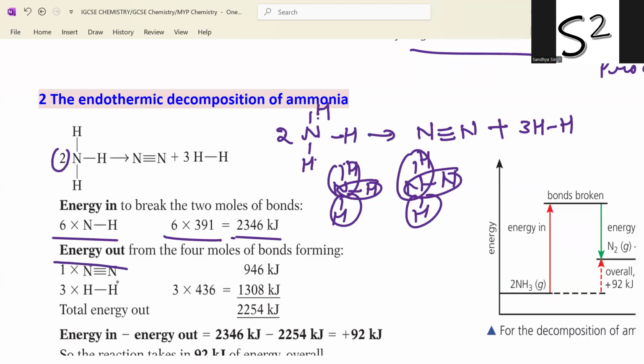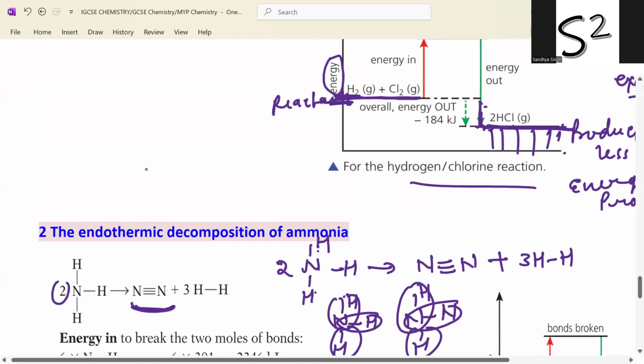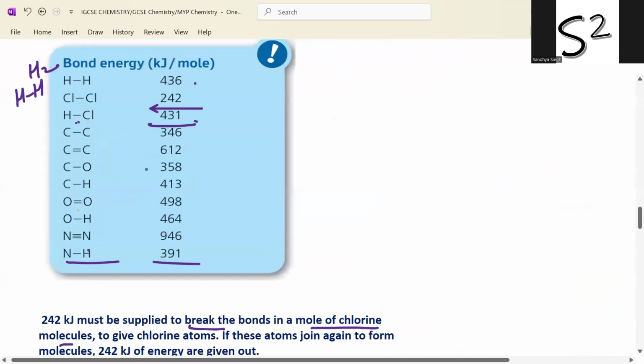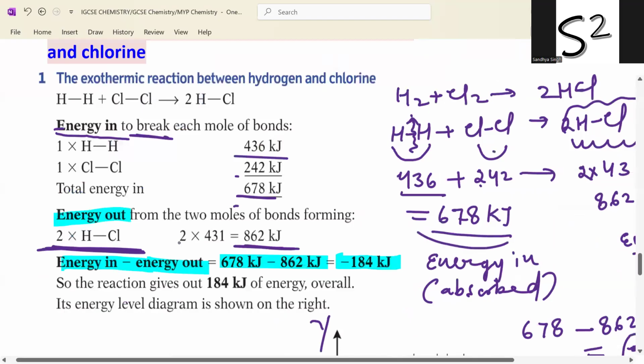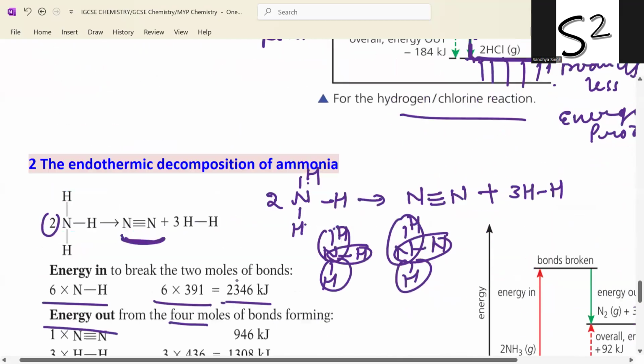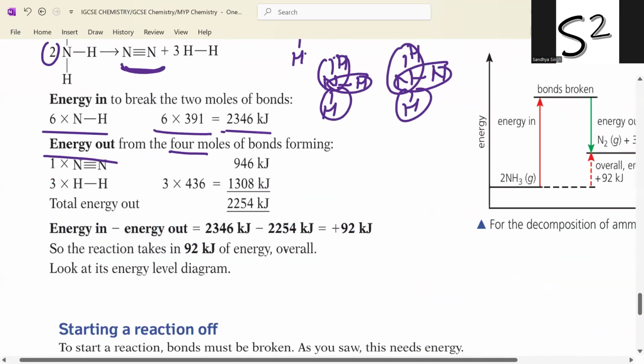Similarly, we will calculate the energy out from the 4 moles of bonds forming. The bond energy to form the bond between nitrogen and nitrogen is, let's check here, 946 kilojoule. It is written here.